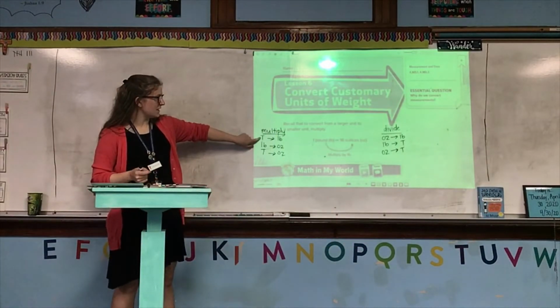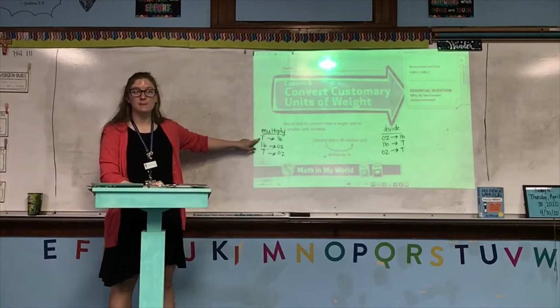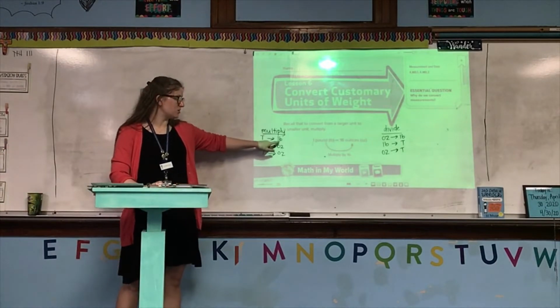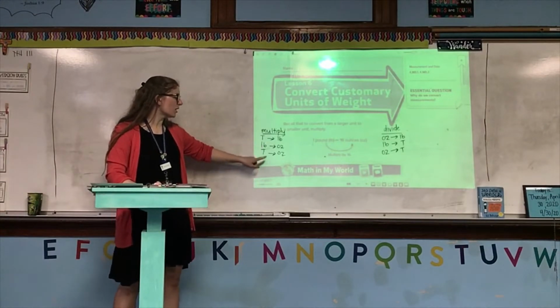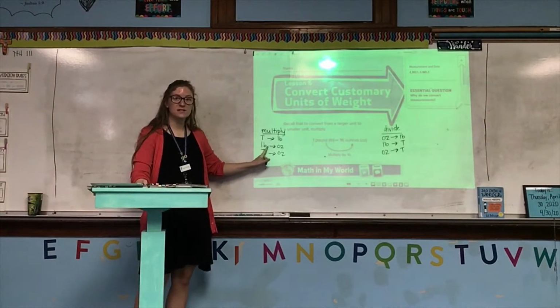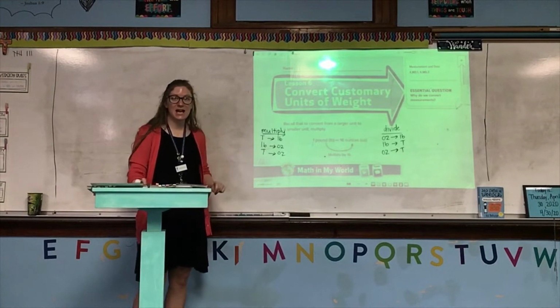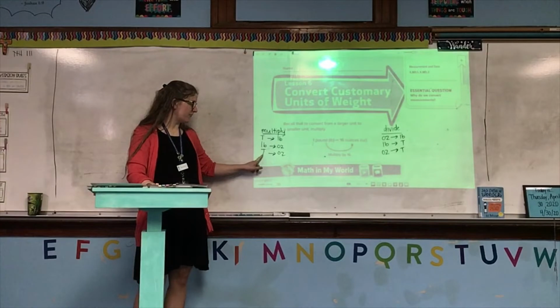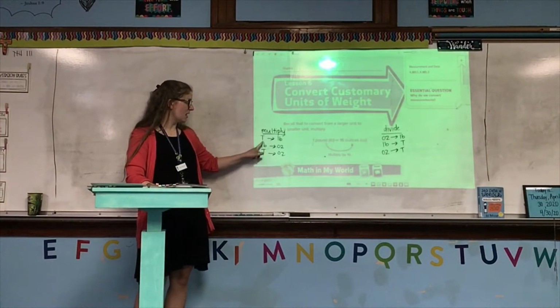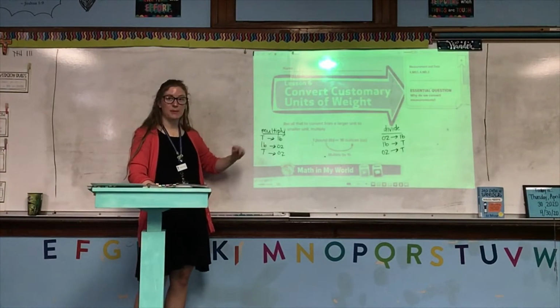If we know the tons, we're going to multiply the number of tons by 2,000 to get the pounds. If we know the pounds, we're going to multiply the number of pounds by 16 to get the ounces. If we know the tons and we're trying to get ounces, well then first we have to multiply the tons by 2,000 to get the pounds.